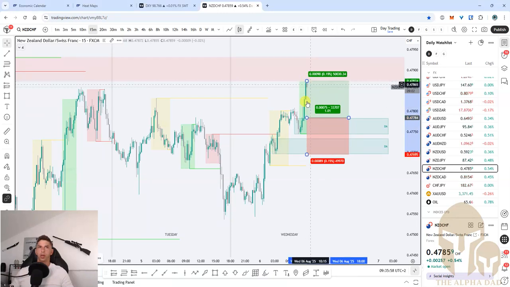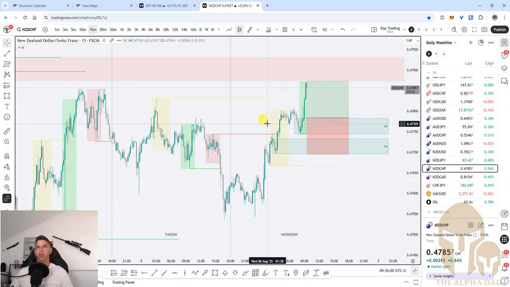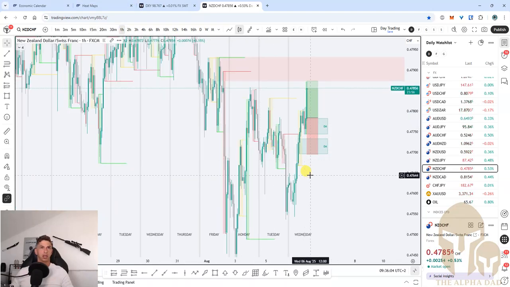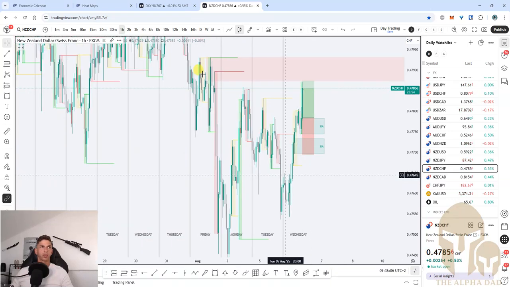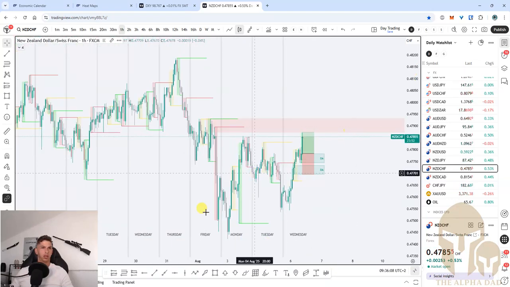It's a better trade, NZD-JPY. Let's look at, okay, so we have, this is our market structure, right? We were coming down, broke up to the upside, came down again.